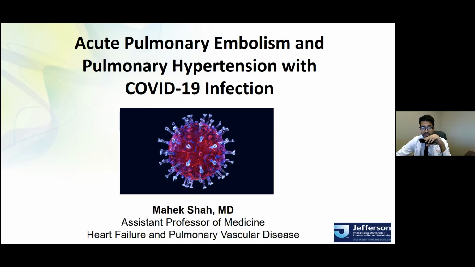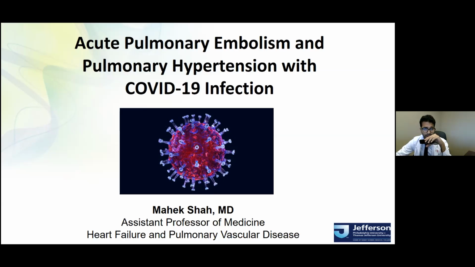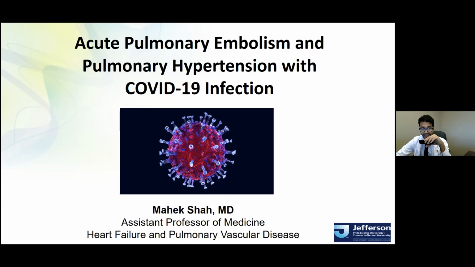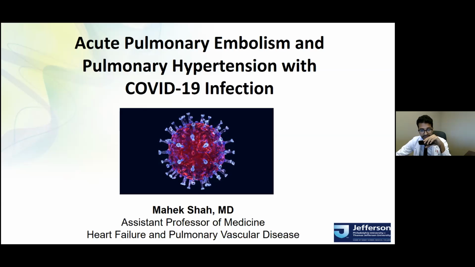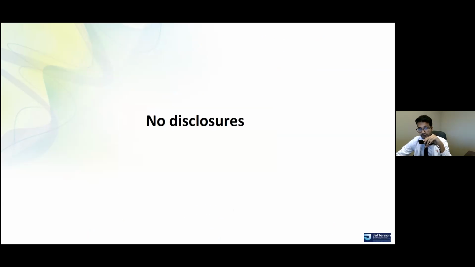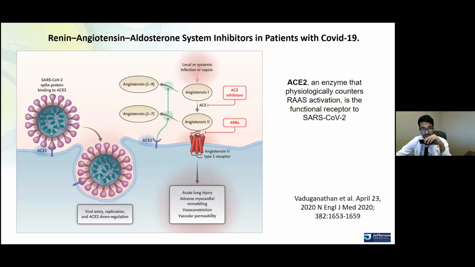Second part of the conversation, we'll talk a little bit about patients with pulmonary arterial hypertension and how they can cope with COVID-19 and some of the data that has come out among that group of patients. I have no disclosures related to our conversation today.